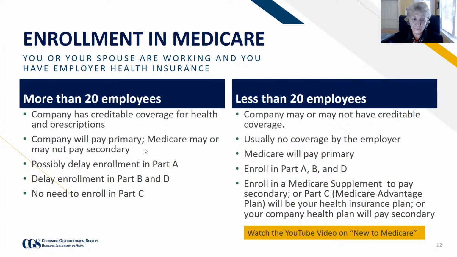If Medicare is going to pay secondary, then you're going to have to enroll in B and D. If the company is just going to continue to cover you as they have previously and there's very limited out of pocket, then you can delay enrollment in B and D. At this point in time, there's no real need to enroll in Part C.